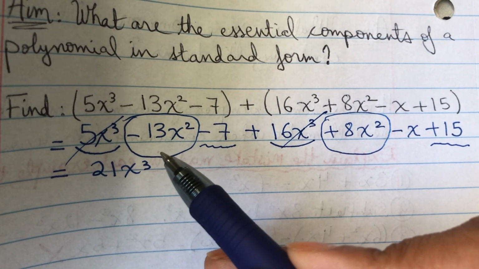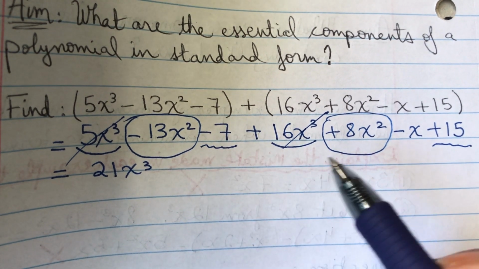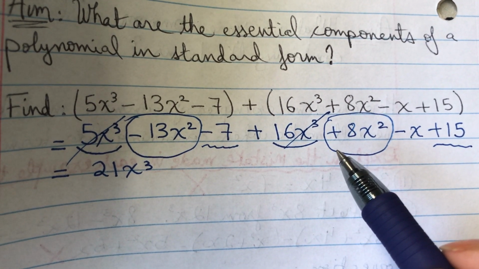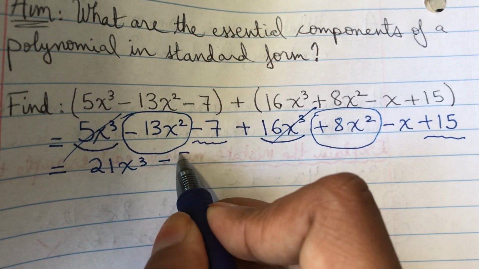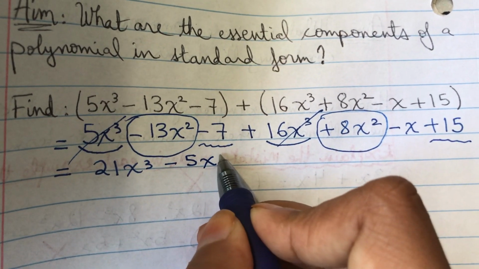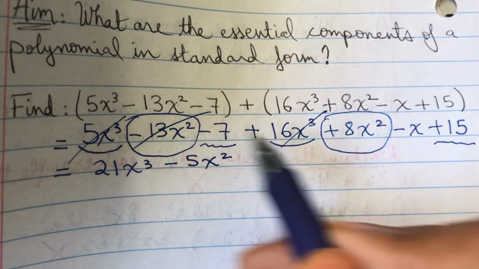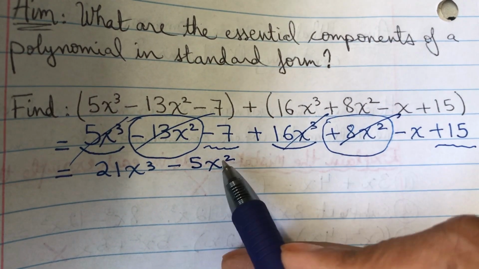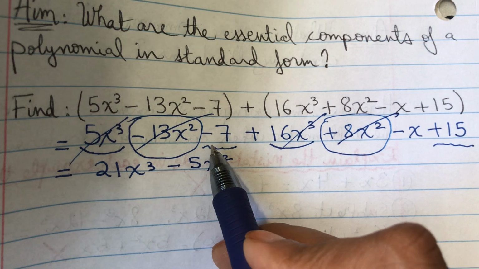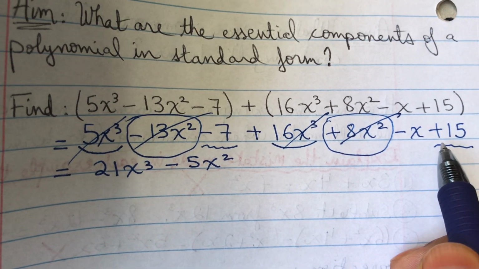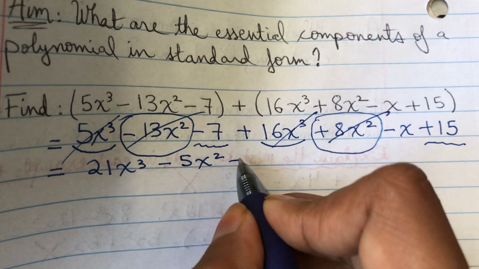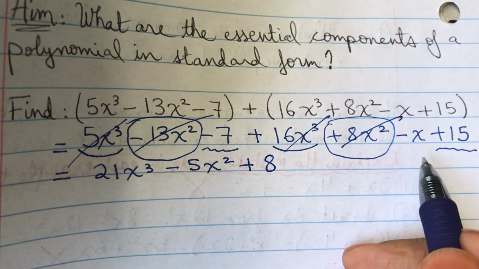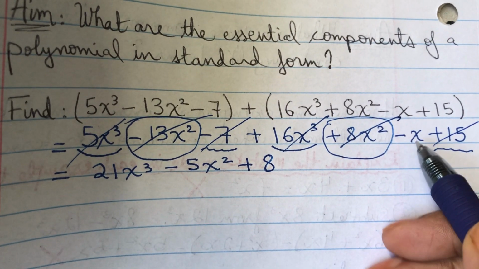Then you have negative 13x squared and plus 8x squared. You're going to subtract and you end up with negative 5x squared, and you can go ahead and cross this out. The next step, you have negative 7 and 15. When you add these up, you get plus 8. And finally, what you have left is negative x.